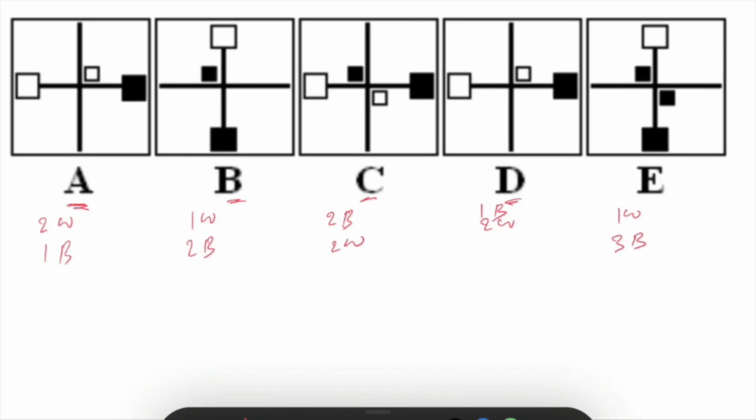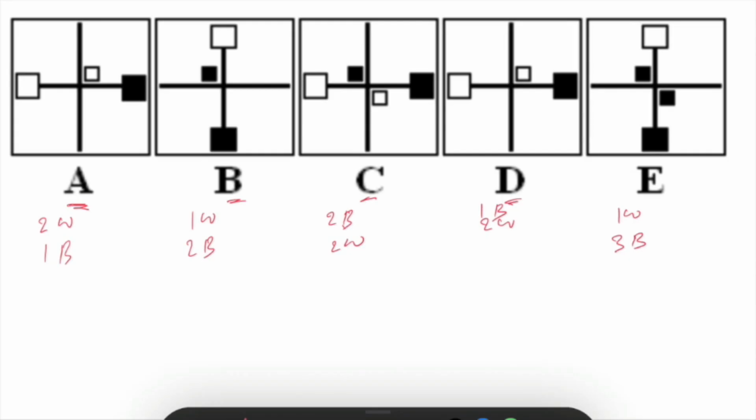I think no. Even though pattern E has 3 black boxes and 1 white, in D it has also 2 white, 1 black. C, the number is equal, 2 black, 2 white. In B, 1 white versus 2 black.